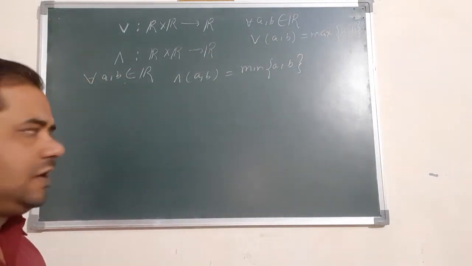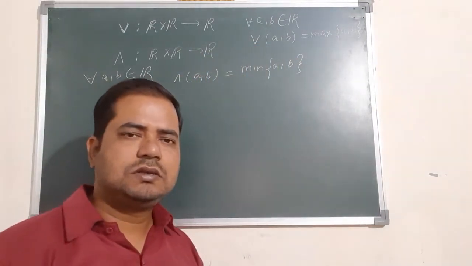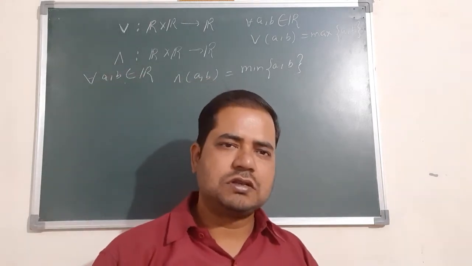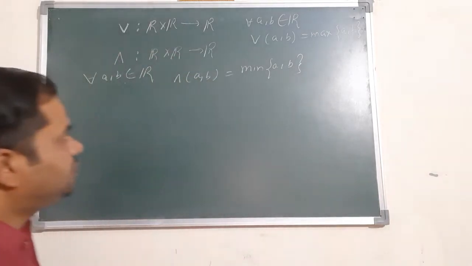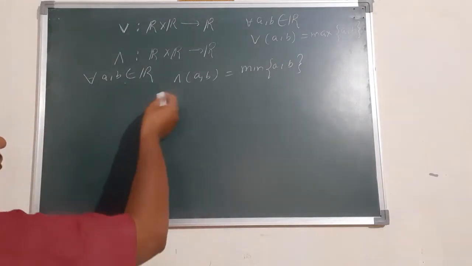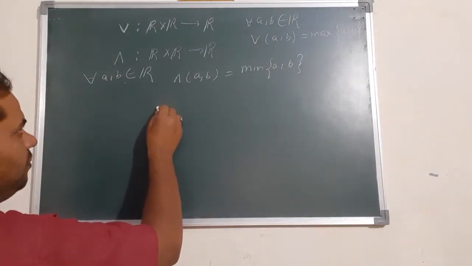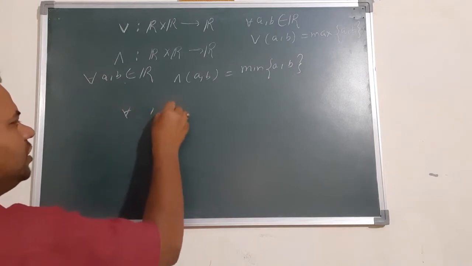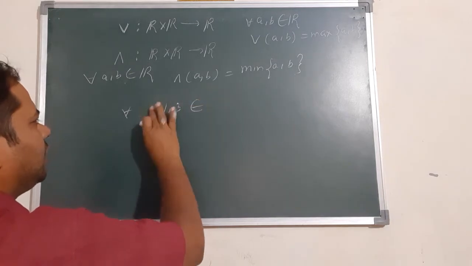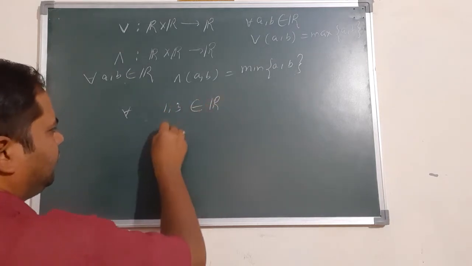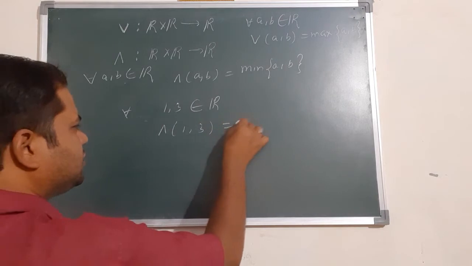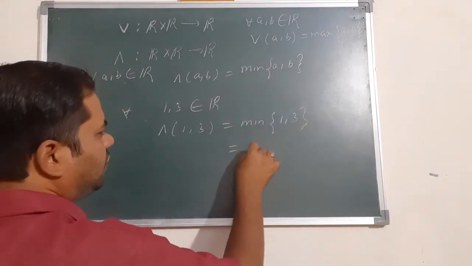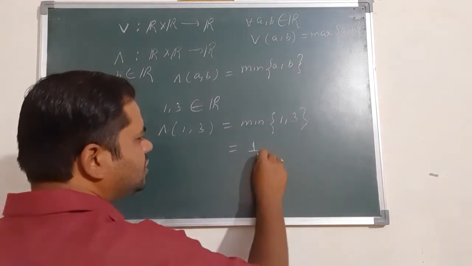Okay, can you say these are binary operations? Obviously you can say these are binary operations. Why? Because if you see, suppose minimum of 1, 3 for 1, 3 belonging to real numbers, this is nothing but 1. Minimum of 1, 3 is 1.